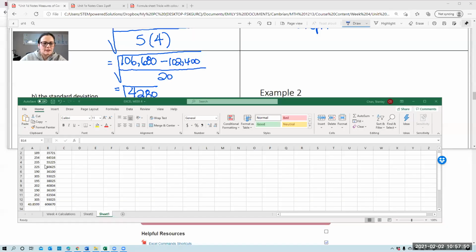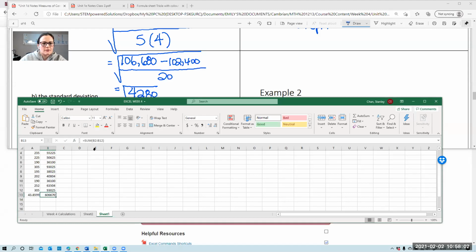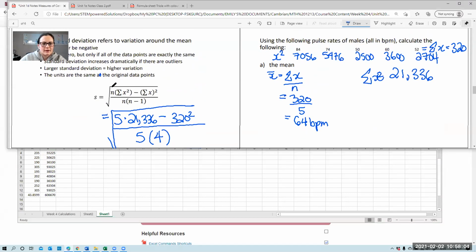Essentially what I just did was I squared all of the weights using Excel. So I did A2 times A2, and then I summed it all up to solve for this part right here, the sum of X squared.